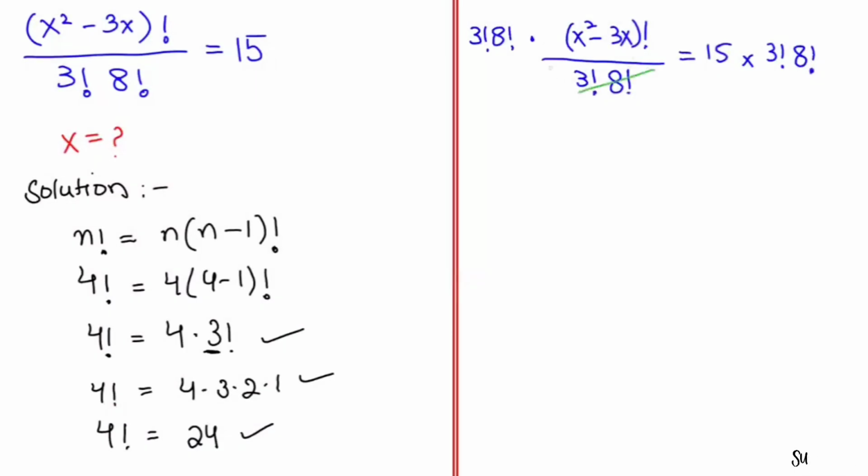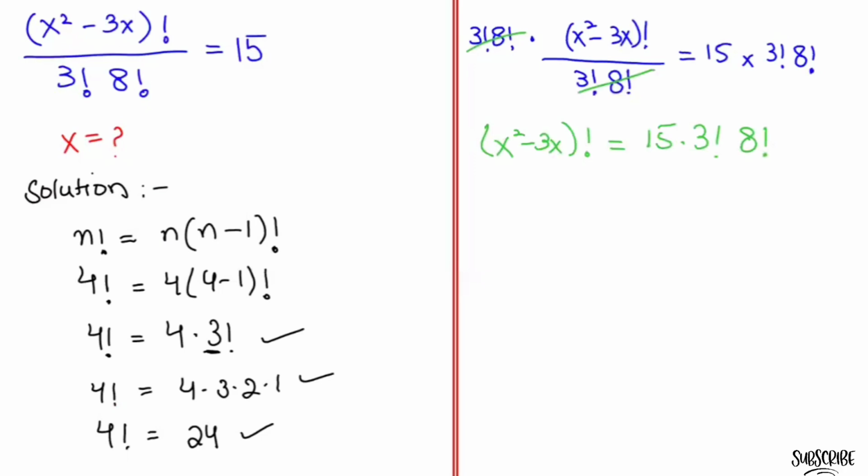Here this and this get cancelled, so the expression we get is (x² − 3x)! equals 15 times 3! times 8!.